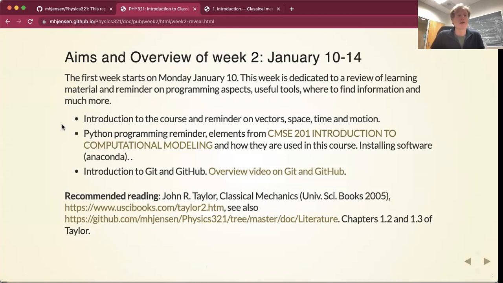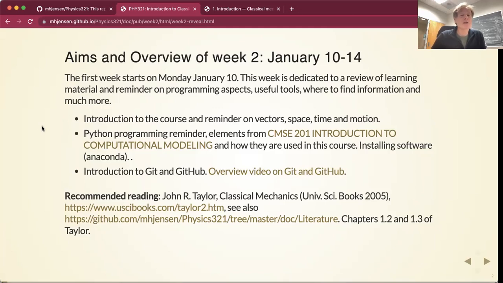So I hope you don't get offended if we spend some time on repeating things which many of you may find obvious and which you have seen in previous courses, but it's very easy to forget things. And so these slides are meant as a kind of reminder and also to get us started with the basic topics which we want to cover.